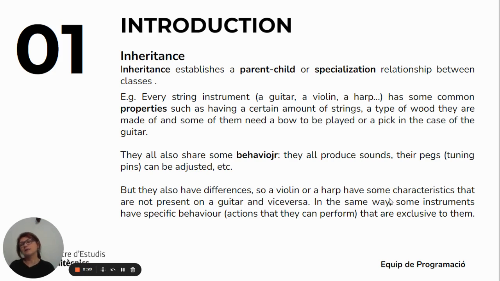Now, let's go for inheritance. Inheritance establishes a parent-child or specialization relationship between classes. For example, we have a string instrument, any kind of string instrument. So a guitar, a violin, a harp. What common properties do they have? They have properties such as a number of strings.